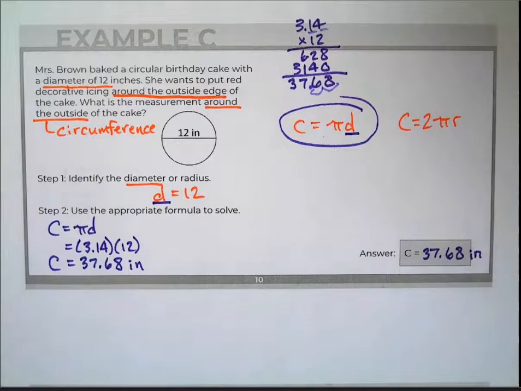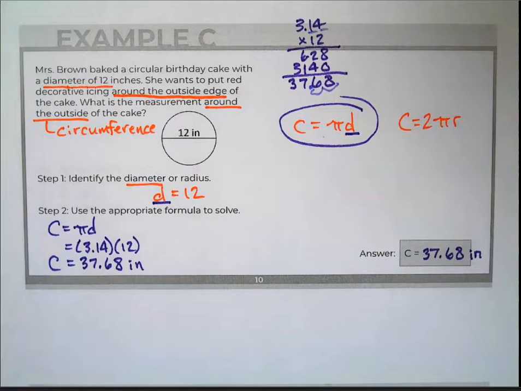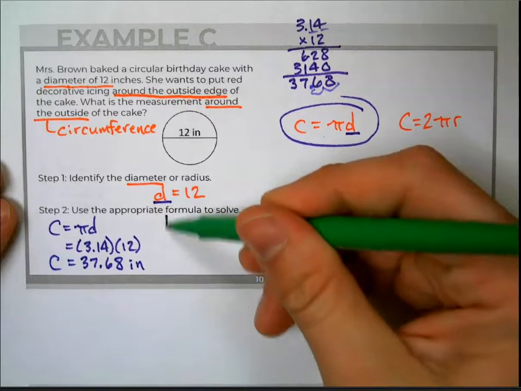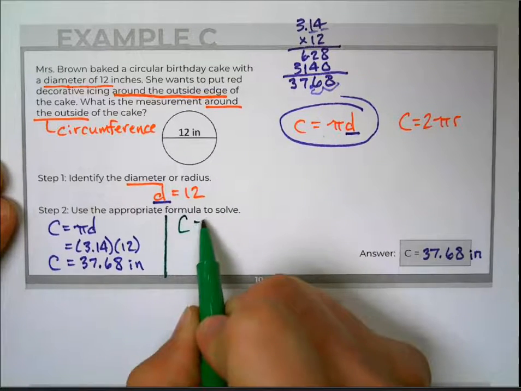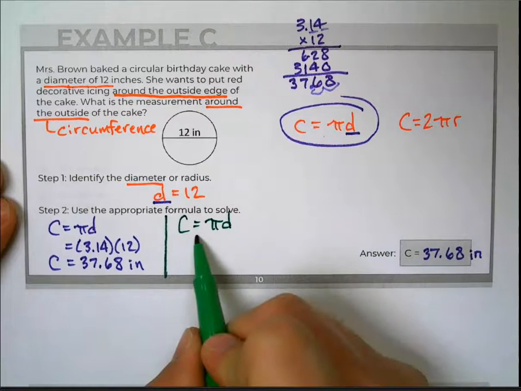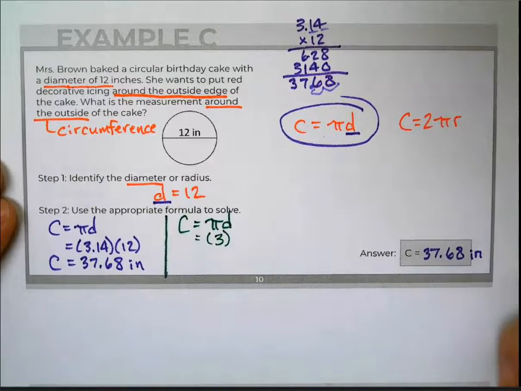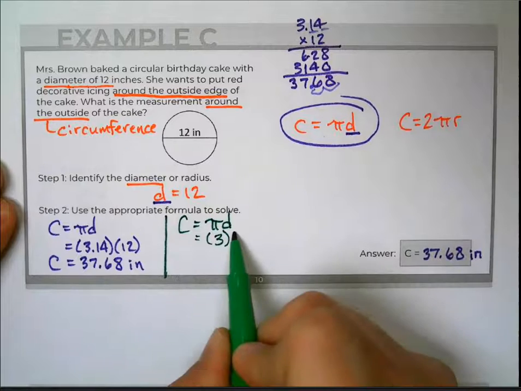But if you didn't want to do quite that much work, I'm not making you. You don't have to use 3.14. You could use 3. Circumference equals pi times diameter. You're still using the same formula. Okay, but pi, this time I'm going to use 3. And my diameter is still 12.